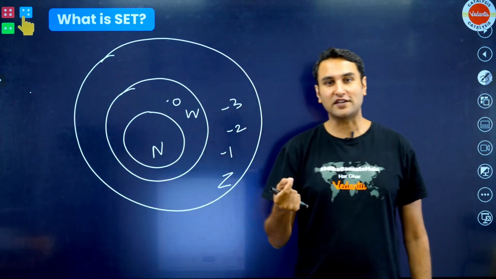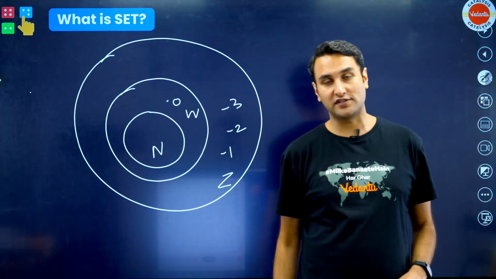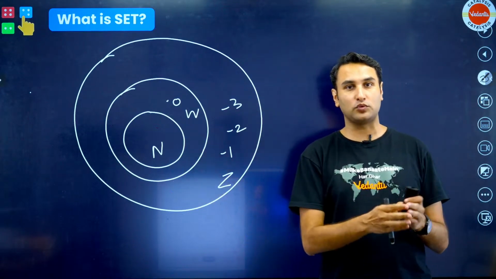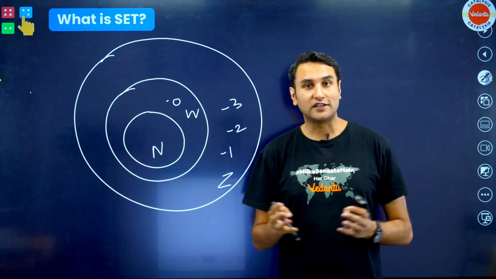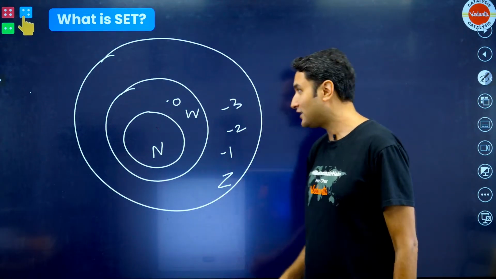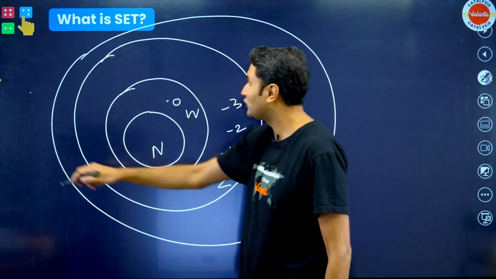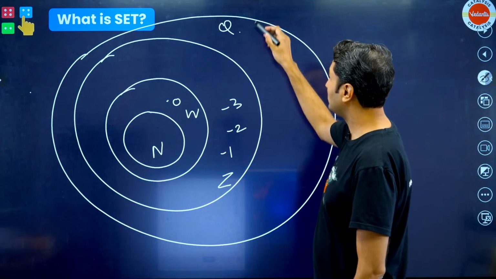So suddenly we started realizing the need of the fractional numbers, the rational numbers, 3 by 4, 3 by 2, 1 by 2, 5 by 2, and so on. The things started getting divided. The division started happening. And hence, we realized the need of one more type of numbers, what we call the rational numbers, right? Q, the rational numbers.